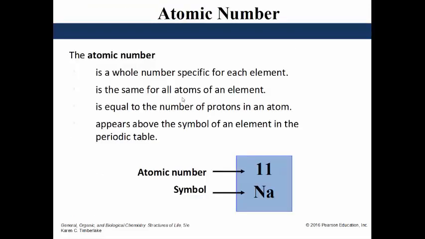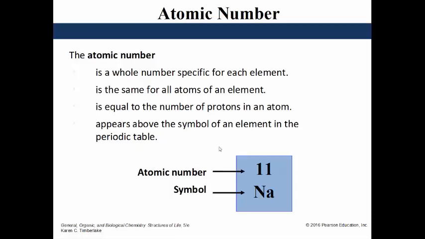Alright, now we'll move on to how to read various characteristics of the periodic table for any given element. When you zoom in on the periodic table, you'll see these individual squares, and within these squares you'll see the element's symbol and some various numbers, and we'll talk about what all those numbers mean. The first one is called the atomic number.